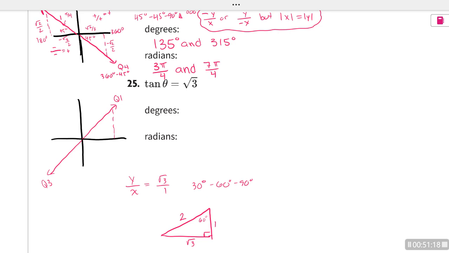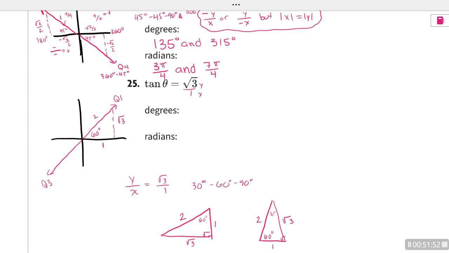Let's redraw it, because we want the y value to be square root 3. So I want my 60 down here. I decided to use 2 here, which makes this 1. So if I have y over x of square root 3, that means I have to have an x value of 1, which makes this a 60-degree angle with a hypotenuse of 2.